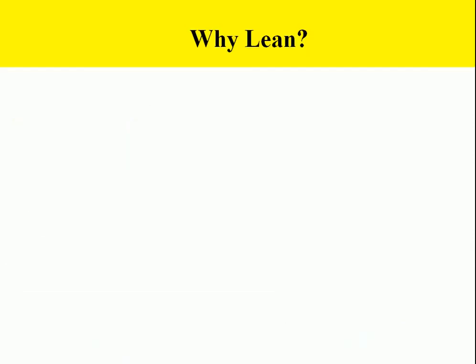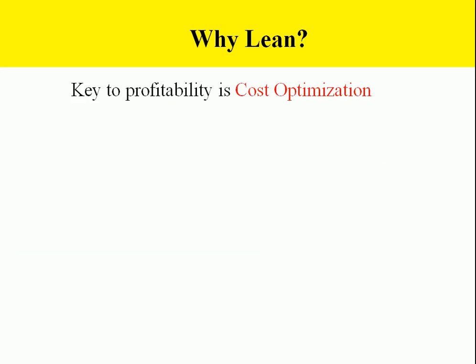Here we will understand why we need lean, and what we mean by a lean production system. The main objective of any industry is to optimize cost. The cost of the product, or in other terms the amount spent to produce the product, can be reduced.